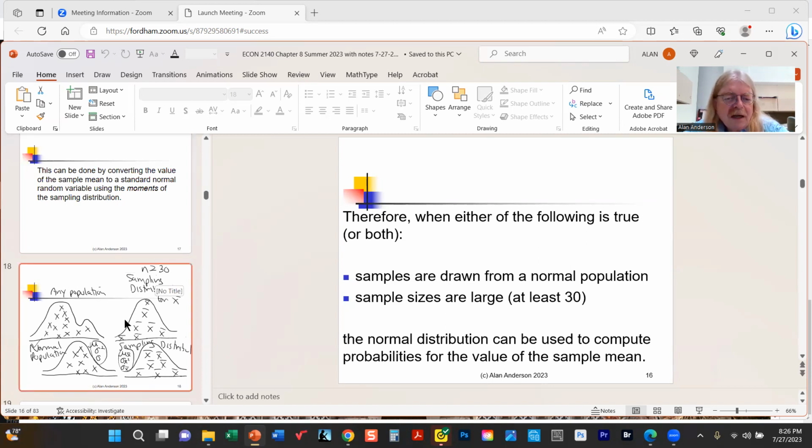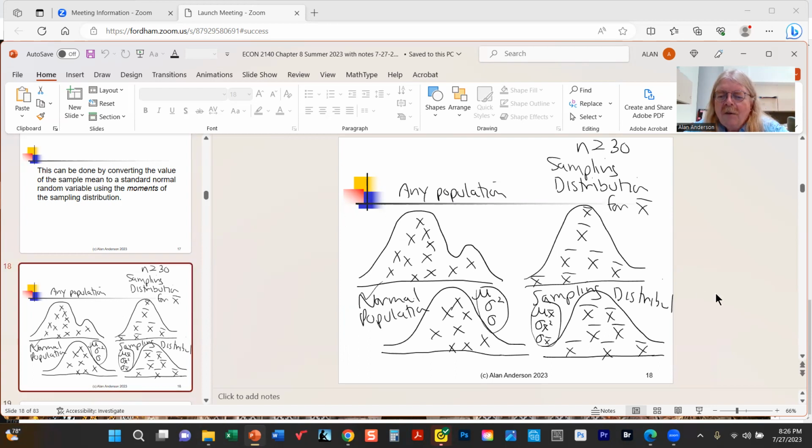Now, I tried to illustrate, I hope these graphs kind of make sense to you. If you look in the upper left-hand corner, I've got this wacky distribution for X. This could be any distribution you can imagine, but certainly it's not normal. What this is trying to show you is that if I draw samples of at least 30 and create a distribution of X bars on the right there, you notice how that curve is normal, okay?